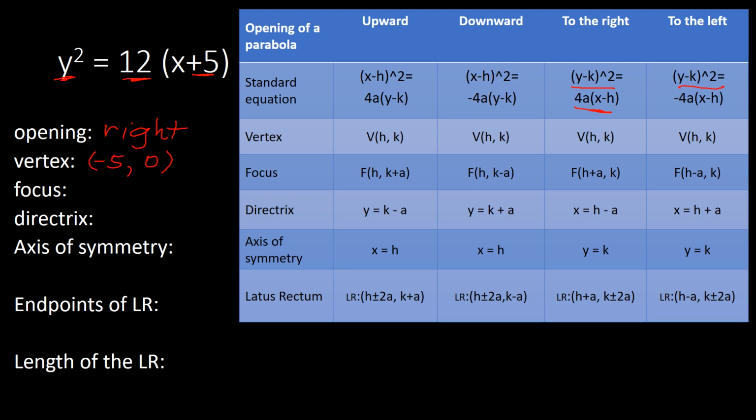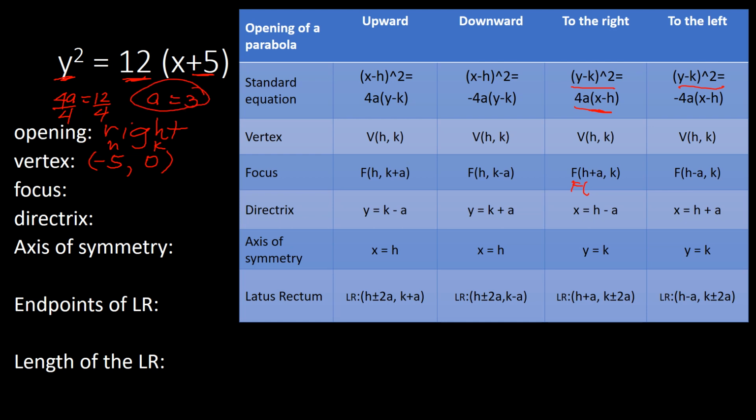And then we go for the focus. Since that is to the right, we are to look at the focus to the right. So we have here F, and then we've got H, which is this one, and this one is K. And by the way, let's try to find our A first. So this 12 here is our 4A. So 4A is equal to 12. Dividing this by 4, our A there is equal to 3.